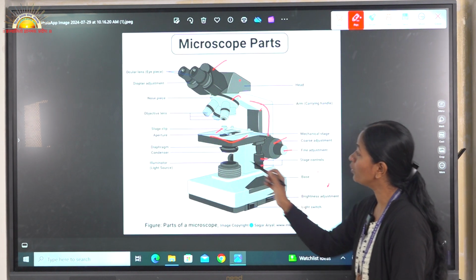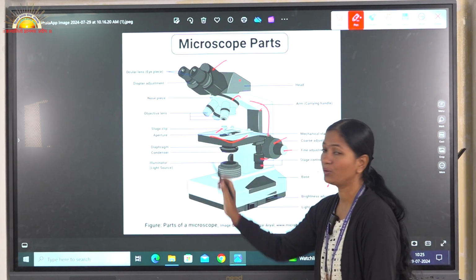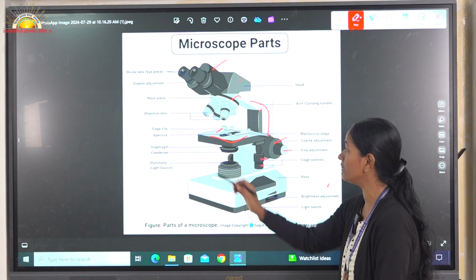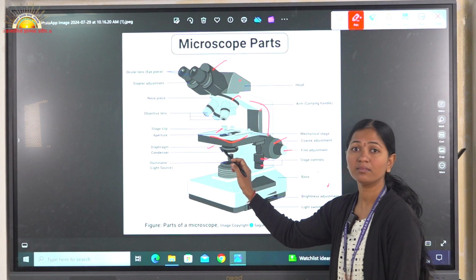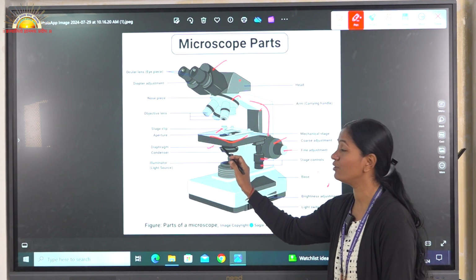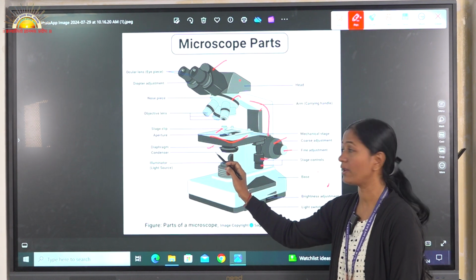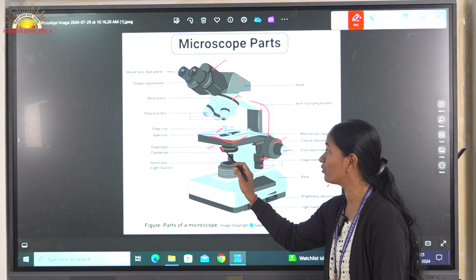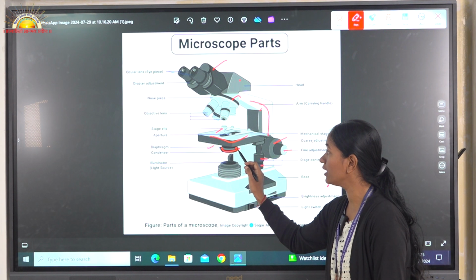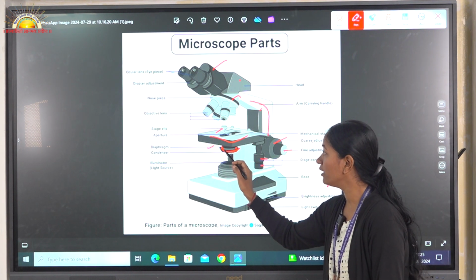Below the stage there are two important things. One is the diaphragm, a circular ring which controls the amount of light passed. It is turned in clockwise and anti-clockwise directions.